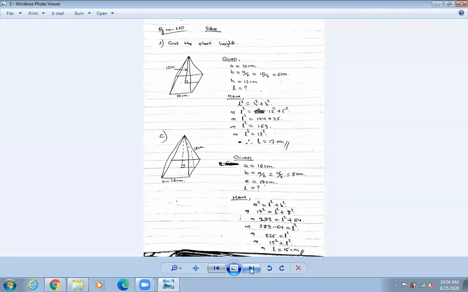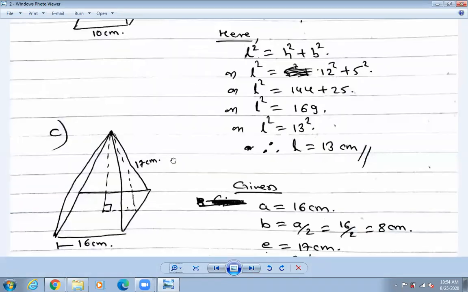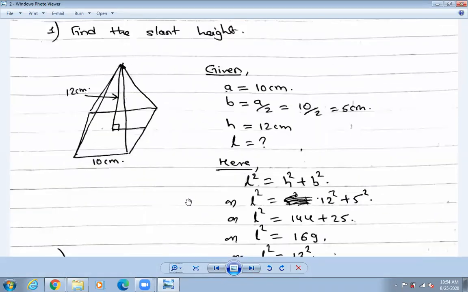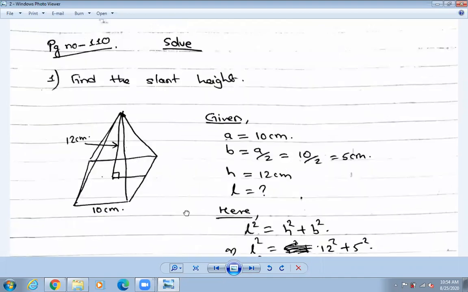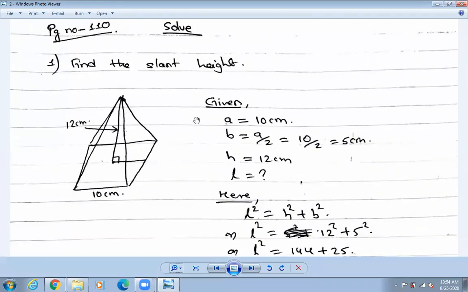So look at page number 110. In this question, you are asked to find the slant height.